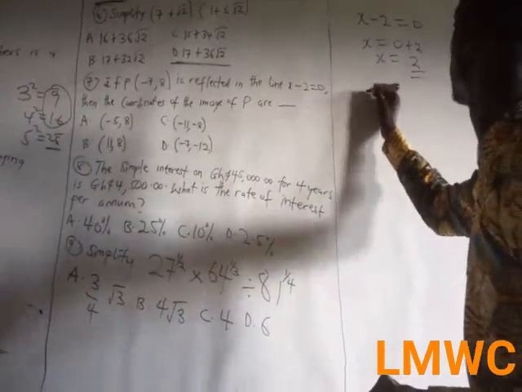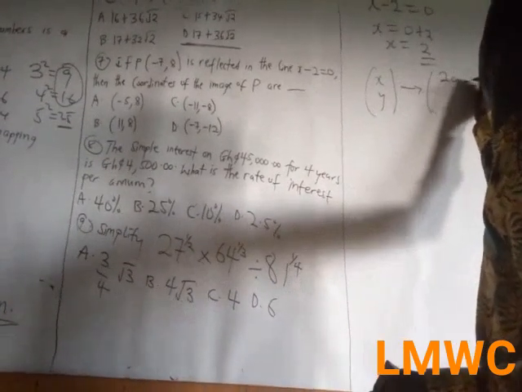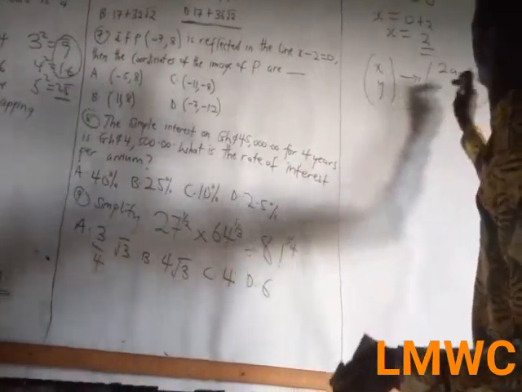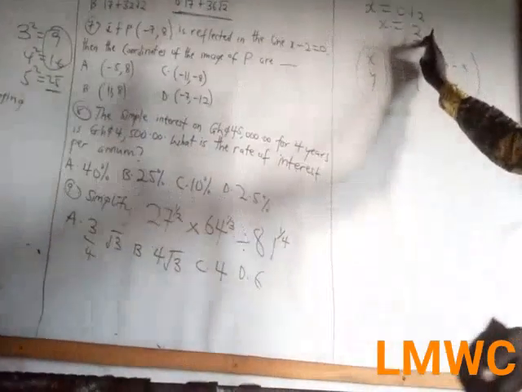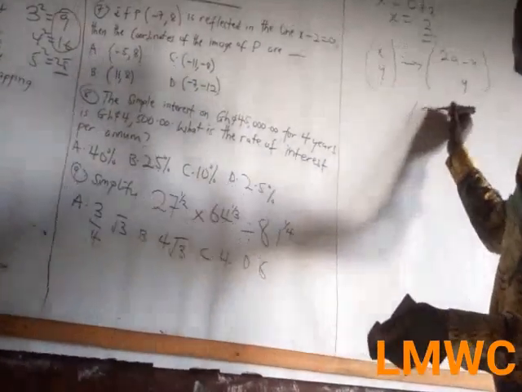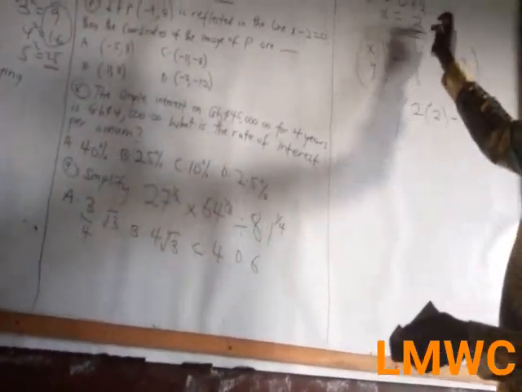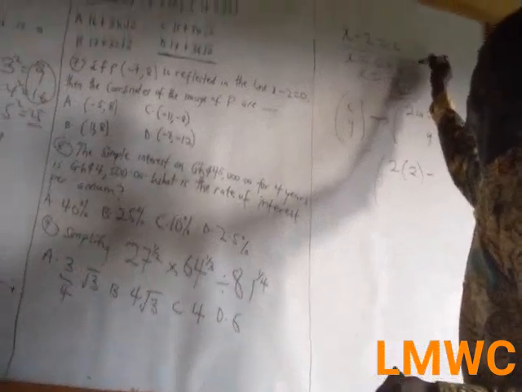So the formula for this is (x, y) maps to (2a minus x, y), where a is this 2, and x and y are the coordinates. So we have 2. What is a? For the a, you solve for it. So it becomes x is equal to 0 plus 2, x is equal to 2.